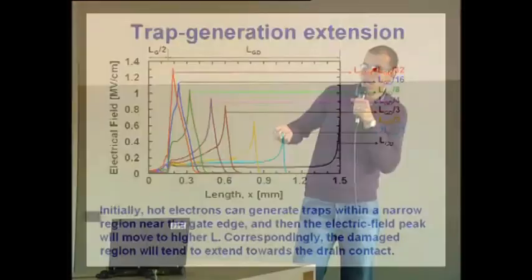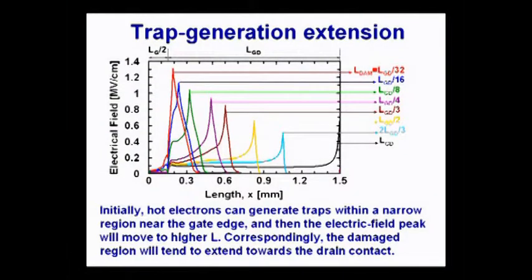As a matter of fact, if we see the longitudinal electric field at the early stage of the stress, we can see that it peaks at the drain end of the channel. In this way, hot electrons can generate traps only within a narrow region close to the gate edge.